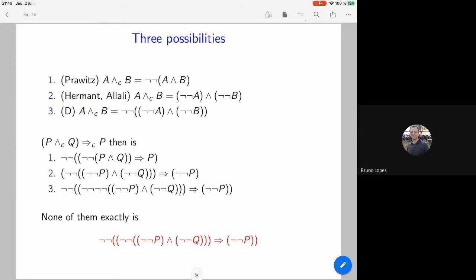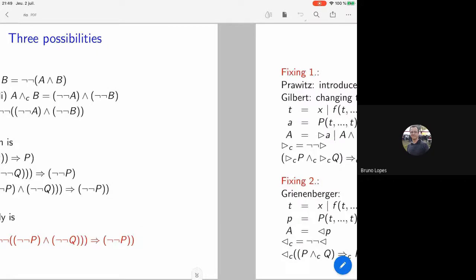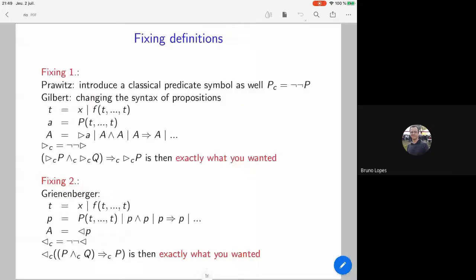And in the third case, you have 4 negations instead of 2, which is not a big deal, but if you take just an atomic proposition, you don't get the double negation in front of it. So none of this solution works, and several ways to fix these issues have been proposed.